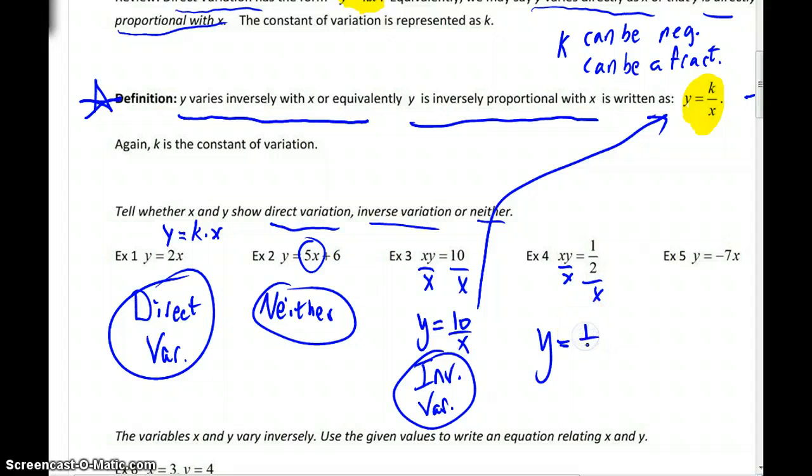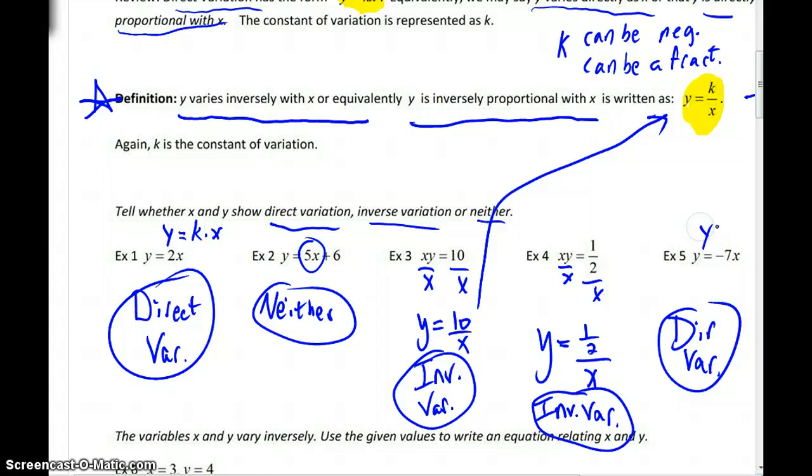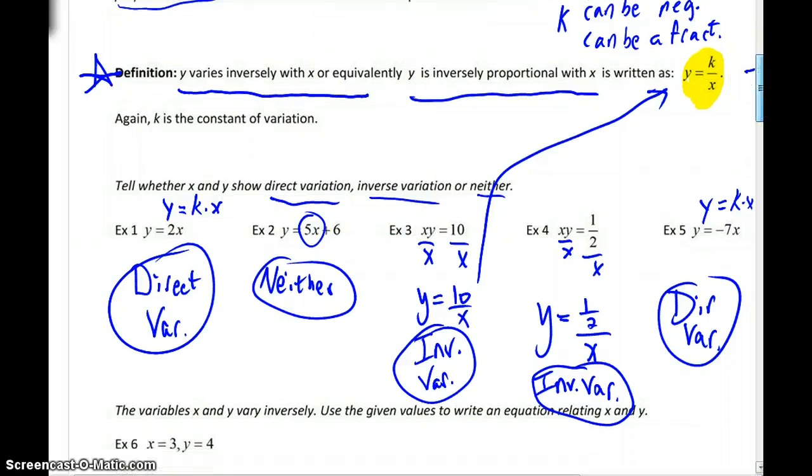Remember what we had just mentioned previously, that k may be a fraction. We're seeing that here that is the case. This is inverse variation. For example 5, this would be direct variation. You can see that y is equal to some number times x. That number just so happens to be a negative.